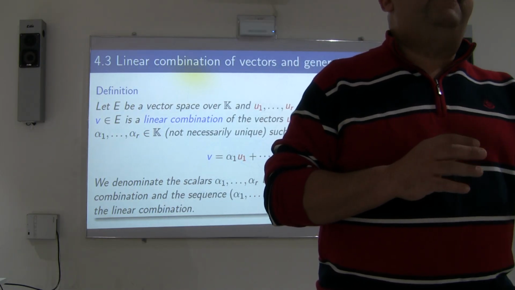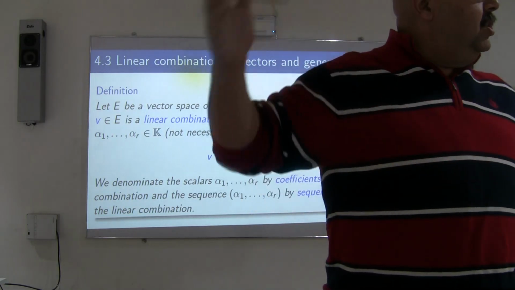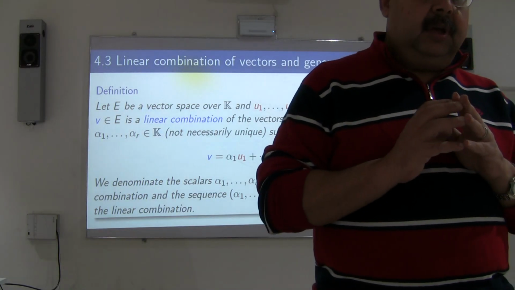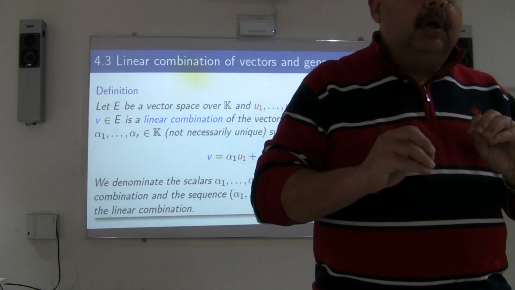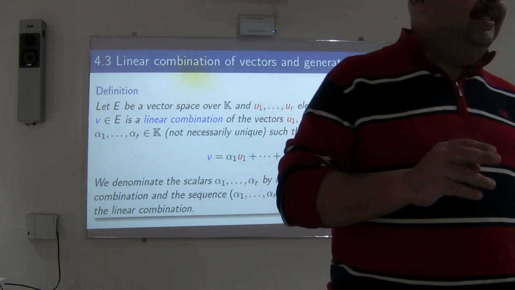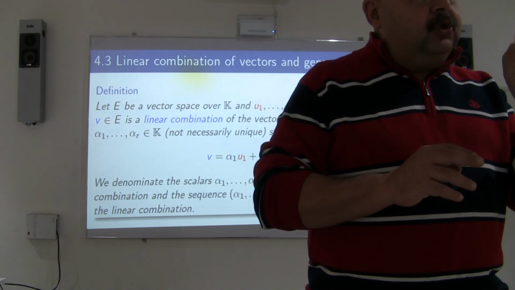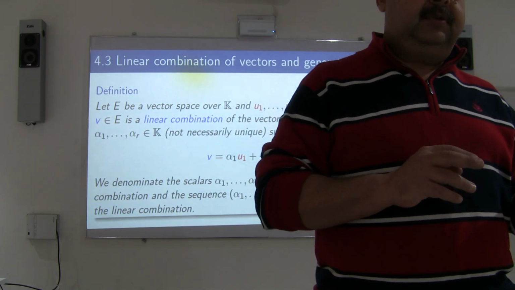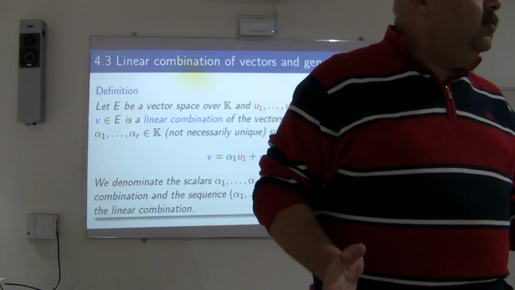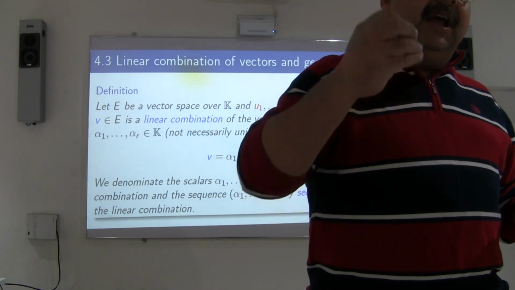In this vector space you have a bunch of vectors, u1, u2, u3, up to ur. It depends on the dimension of your vector space. From this bunch of vectors, I can generate each vector in this vector space. So I can use a specific bunch of vectors to build the whole vector space. Do you understand what I'm saying? How to do it? By making a linear combination.